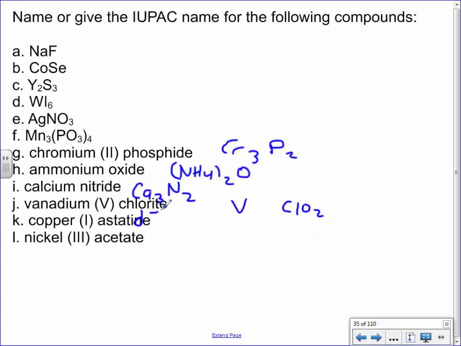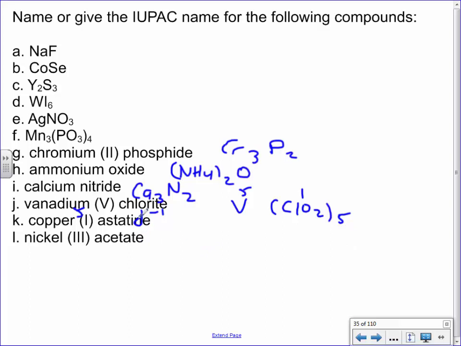Well, this guy is a -1, and this 5 here tells you this guy's a 5. So I'm going to need 5 of those to make it work. So it's going to be V for vanadium, then ClO2, which is your chlorite, goes in brackets. Then you need 5 of them. Vanadium is a 5, and the chlorite is a 1. Did we get that one? Nicely done, guys. Another tough one.